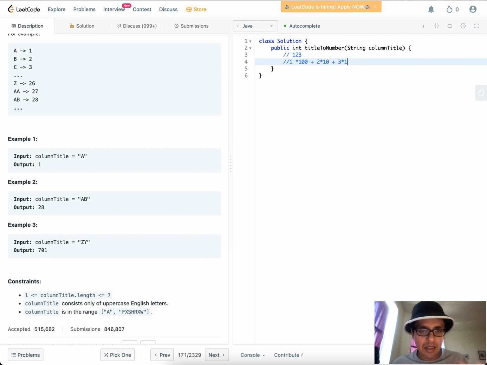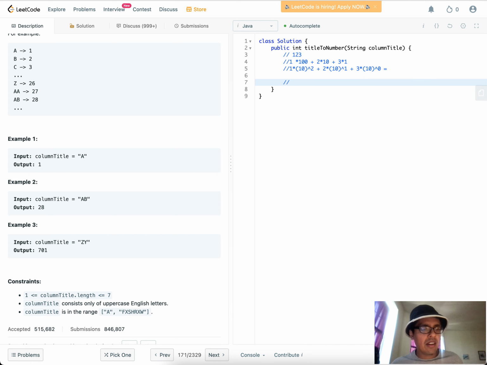And this is just the mechanics of a base 10 number, right? So you have 1 times 10 to the 2 plus 2 times 10 to the first plus 3 times 10 to the 0, which is equal to 1, and that's your 123, right?